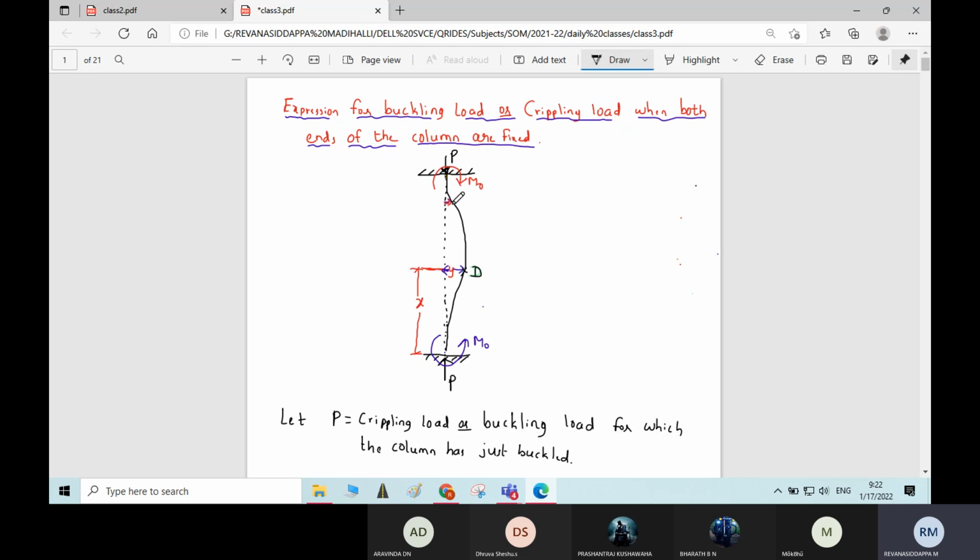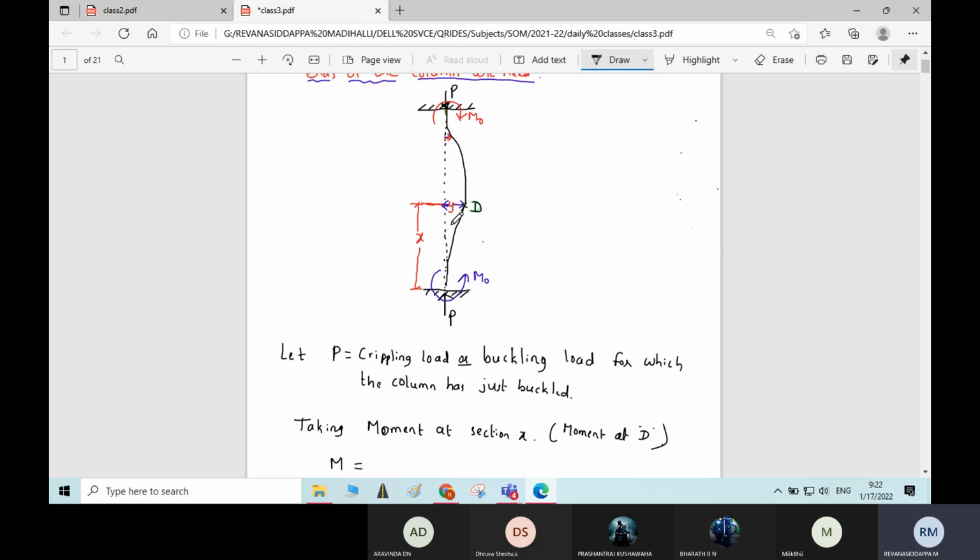Similarly, here also either you take moment from the bottom of the column or from the top of the column. In the previous two derivations, we have taken sum of moments of forces from the top of the column.